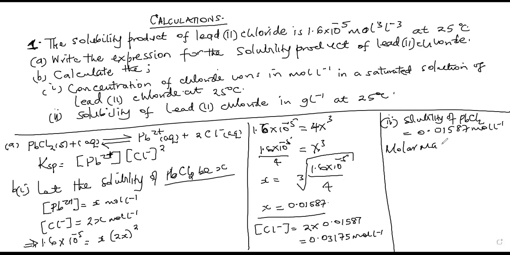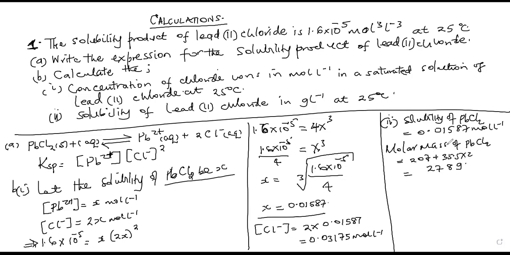So the molar mass of PbCl2: lead weighs 207, chlorine weighs 35.5, then times 2. And this one will come up to be 278 grams.